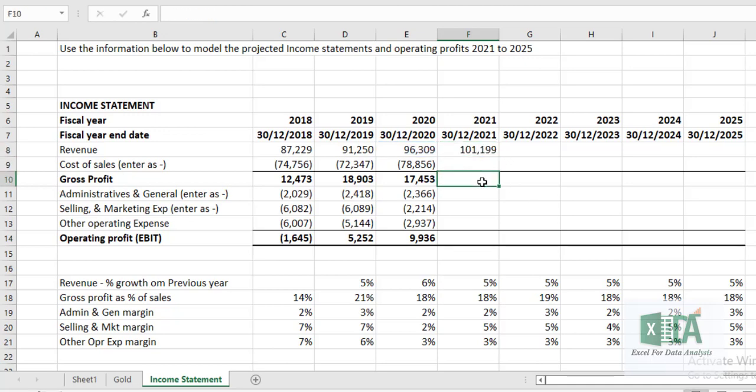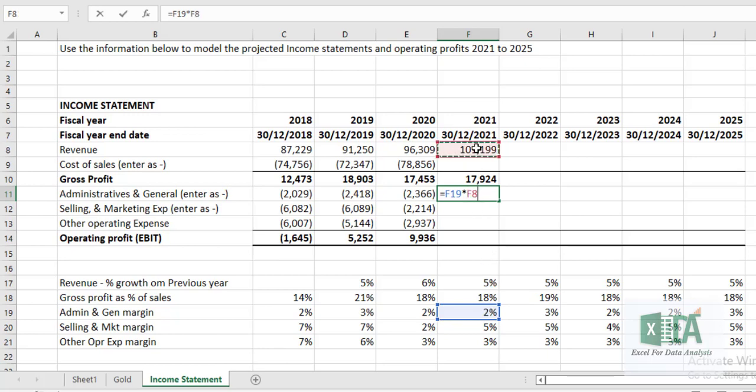Now the next thing we have is our gross profit equals to this multiplied by the rate. This is a normal mathematical function which we already know. Here we're going to have equals to this percentage of sales.